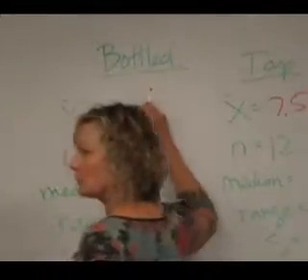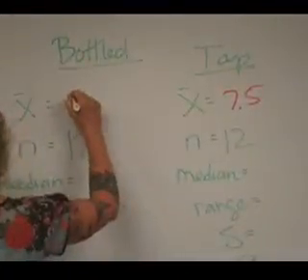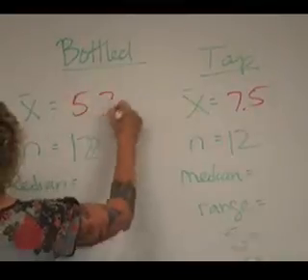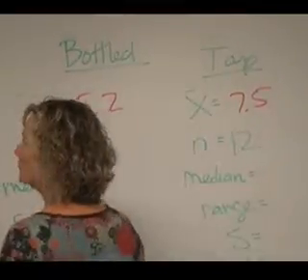Mean, tap water 7.5, bottled 5.2. Yeah, 5.2. Okay, how about the medians?